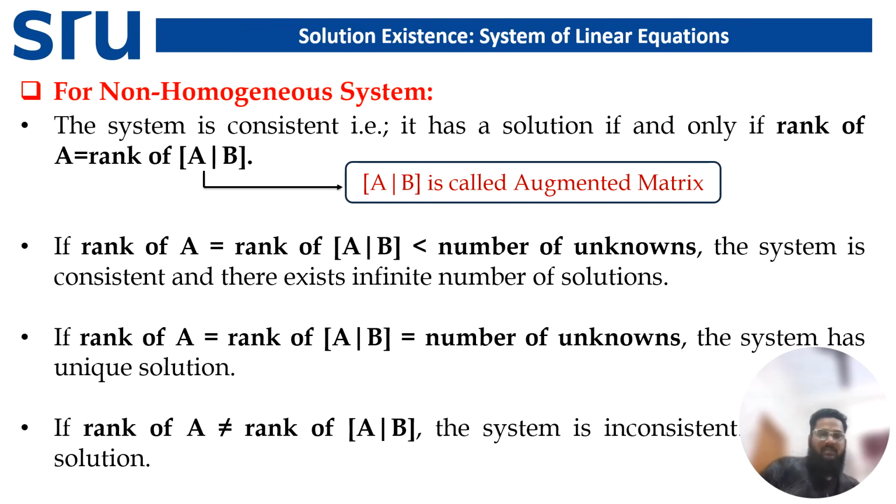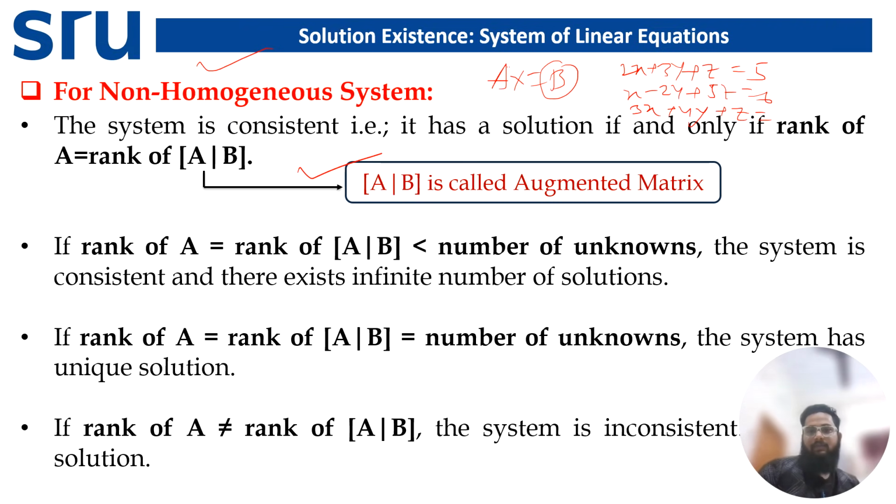Now for the non-homogeneous case, we have one concept called the augmented matrix. Suppose you have a system Ax equal to b, where b is non-zero because it is non-homogeneous. Suppose I am taking an example: 2x plus 3y plus z equal to 5, x minus 2y plus 5z equal to 6, and 3x plus 4y plus z equal to 7.